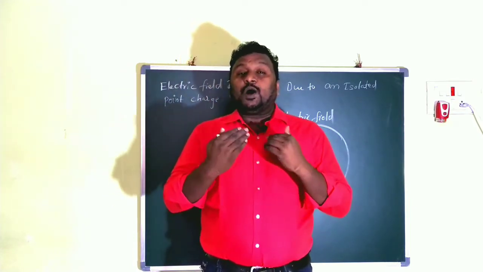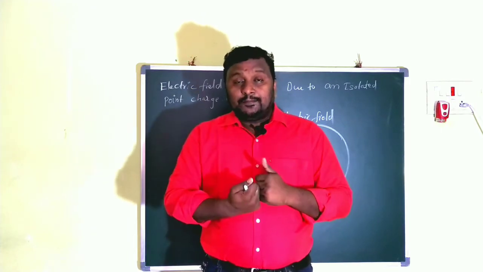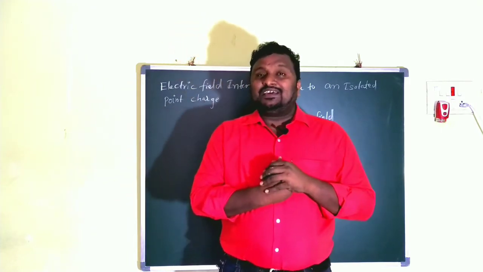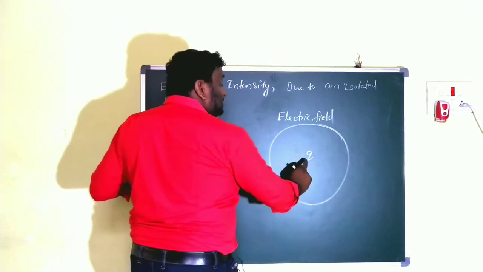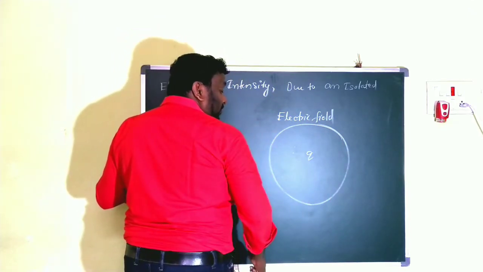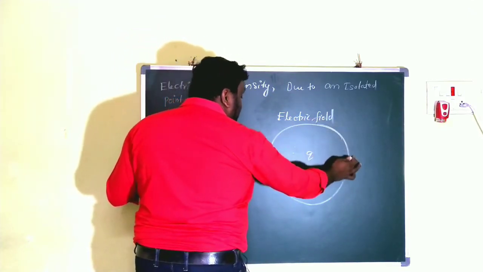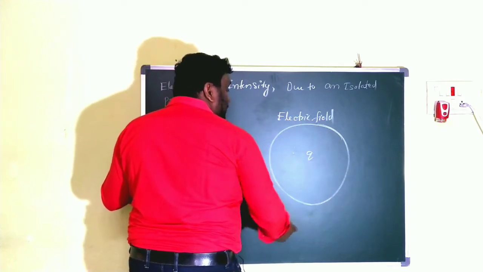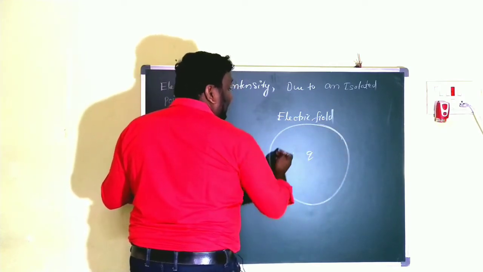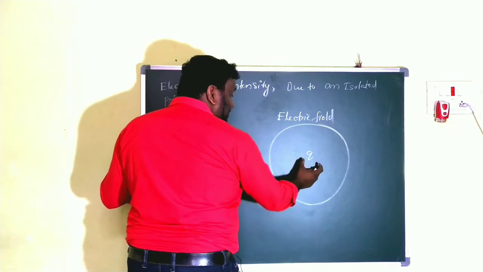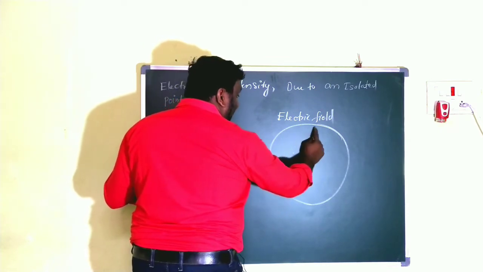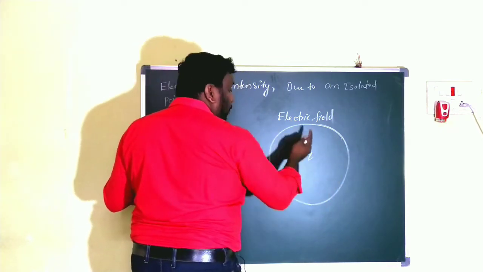Clear? How can we observe the influence of the field? Simply, this is a charge we have taken, and around the charge there is some space. That space is nothing but its field. That means the influence of the charge is available in this field only.